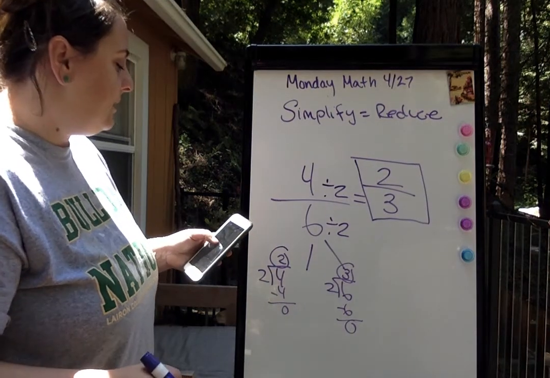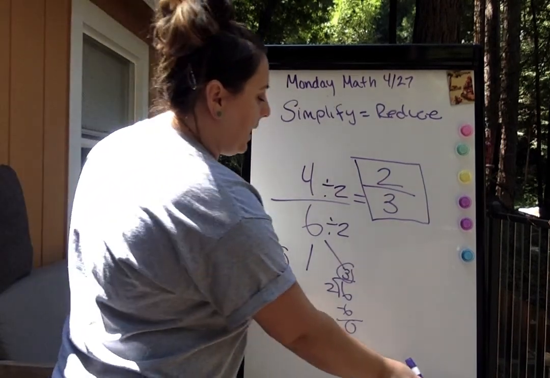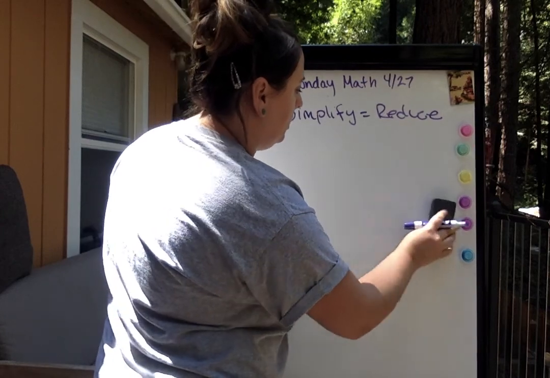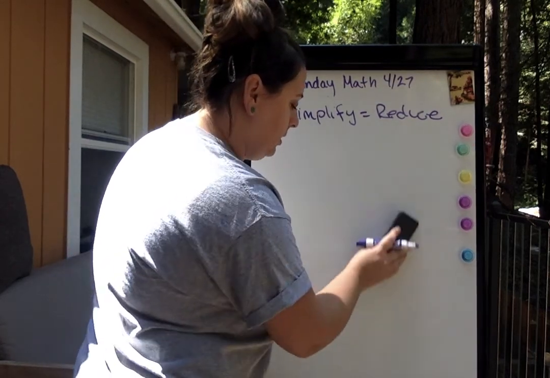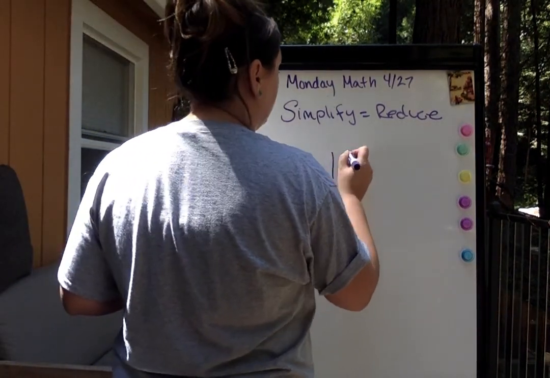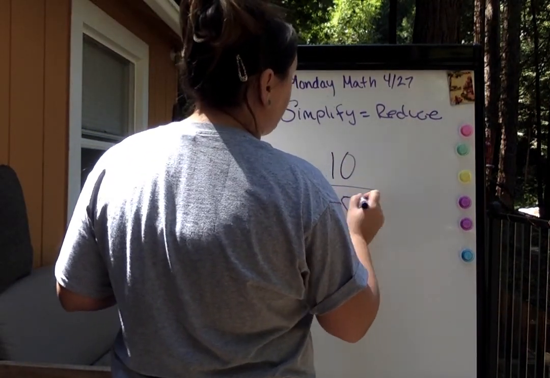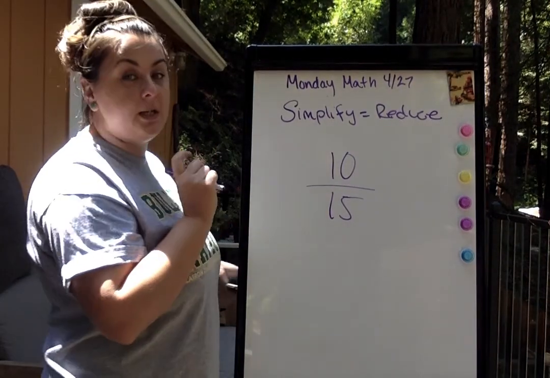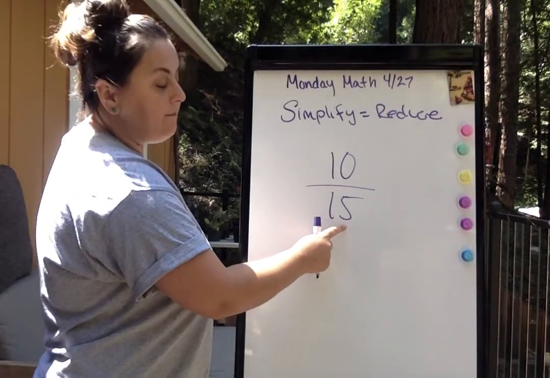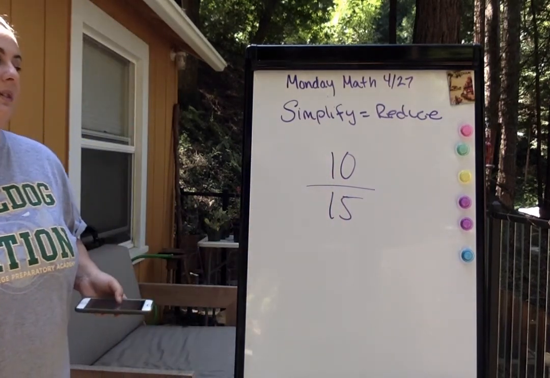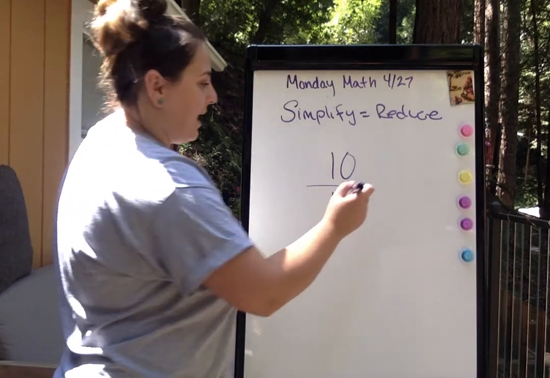Next question asks us to simplify another fraction or reduce another fraction. Of 10/15. Now 5 is kind of special. 5 is a special number, because when you see numbers that either end in a 5 or a 0, you know that you're going to be able to divide each of those by 5.